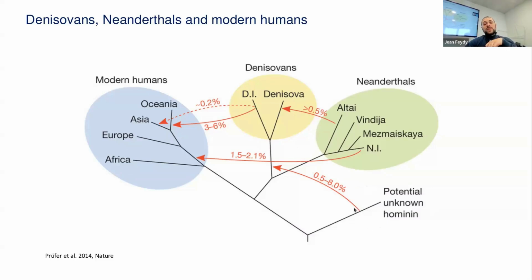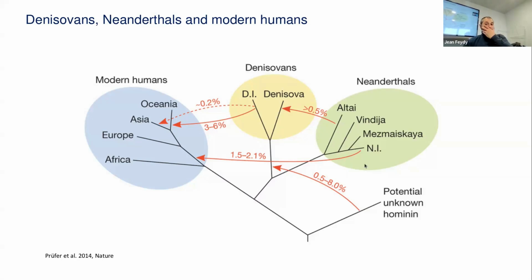There is also evidence that an unknown species, some call it the super archaic, contributed to Denisovans just after they split as a species from Neanderthals. So thanks to genetics, we know that Denisovans and Neanderthals are sister taxa, more closely related to each other than to us, modern humans, Homo sapiens.